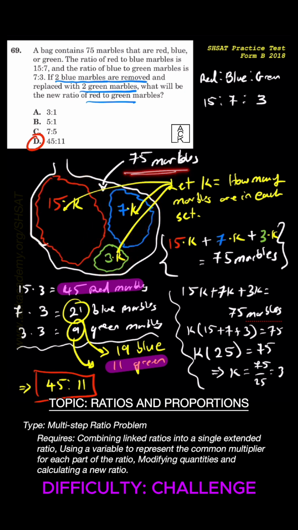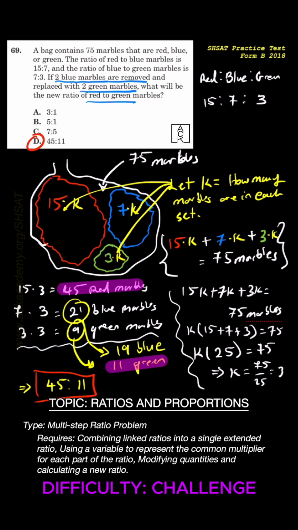How do we get 75? There's some k value that needs to be incorporated to figure out that there are 45 red marbles in here, right? I'm not going to do 45, but you get the idea. And similarly, there are 21 blue marbles in here, and there are 9 green marbles in here.